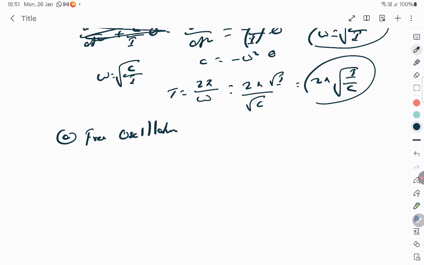If a body capable of oscillation is slightly displaced from its mean position and left to itself, it starts oscillating with a frequency of its own. Such an oscillation is called free oscillation.